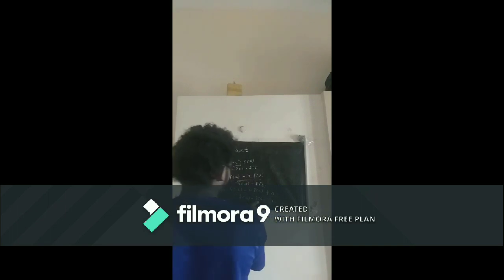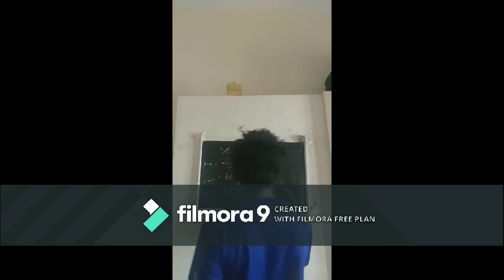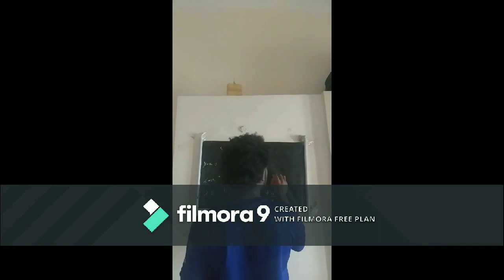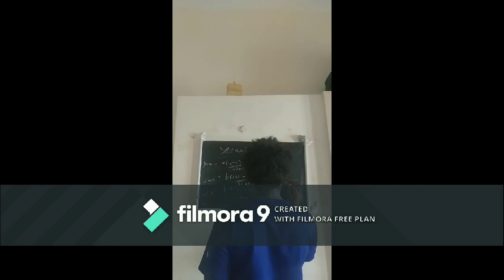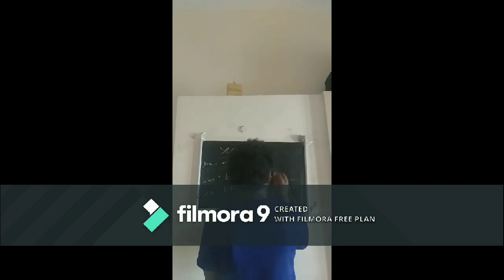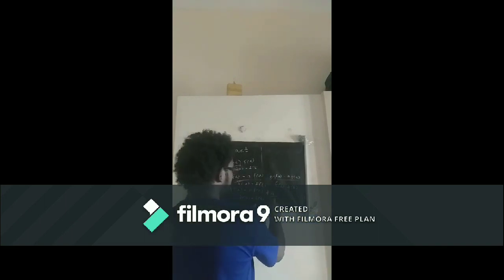Our common denominator is f of a minus f of b. When we divide this by this, we get the same thing, b into f of a minus a into f of a. When we divide this by 1, we get this itself.